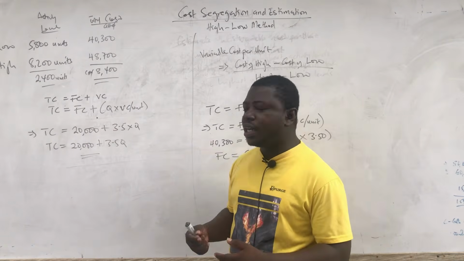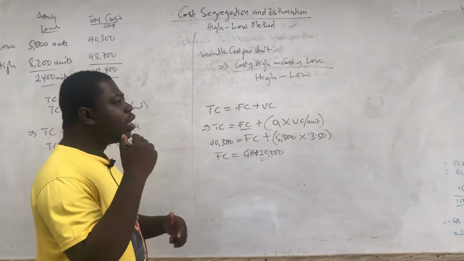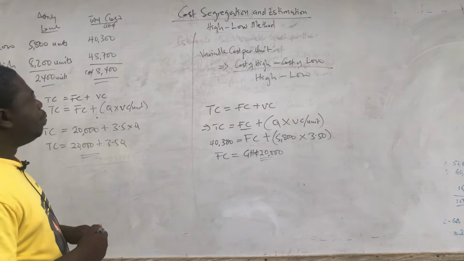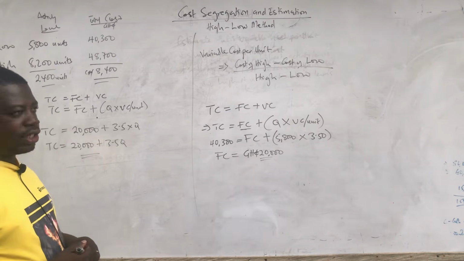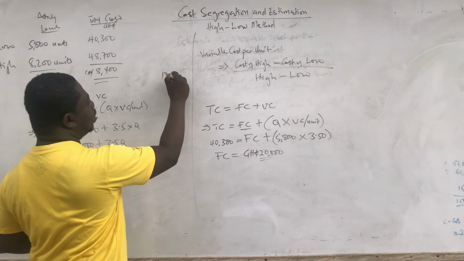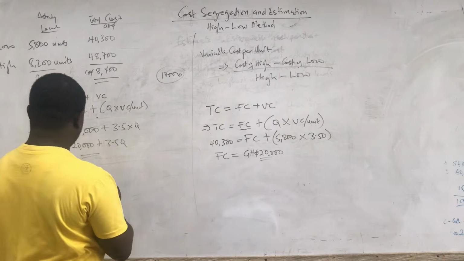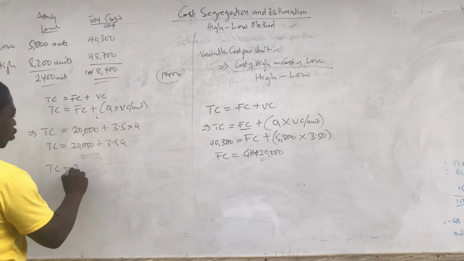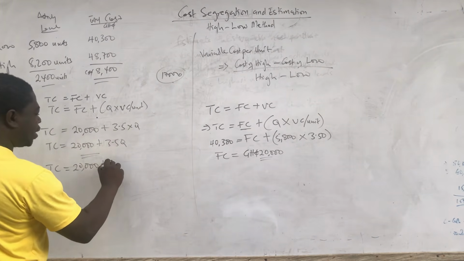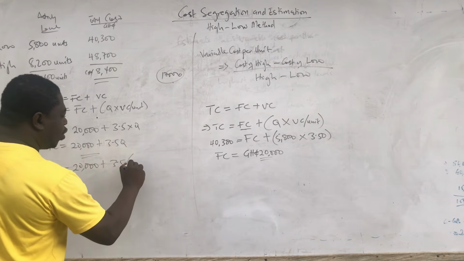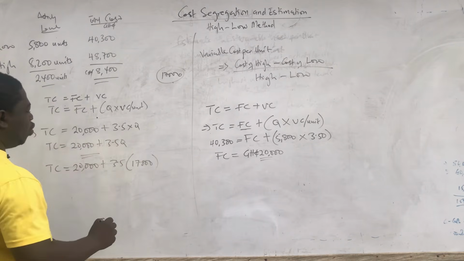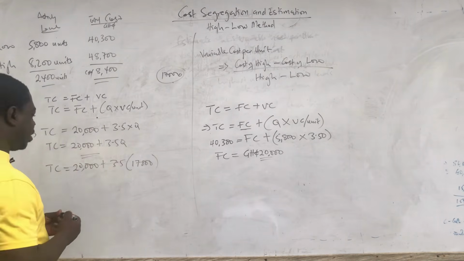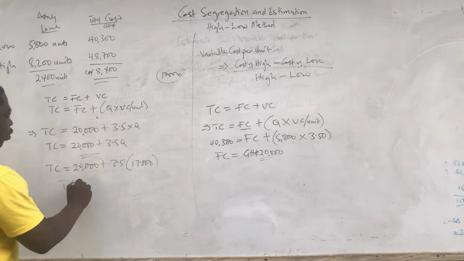And so assuming that we are told how much will it cost to produce 17,000 units, and so 17,000 units will now be the K. And so I will say total cost will be equal to 20,000 plus 3.5. The K will now be 17,000, and so we'll just multiply 17,000 by 3.5 and then we'll find our total cost.